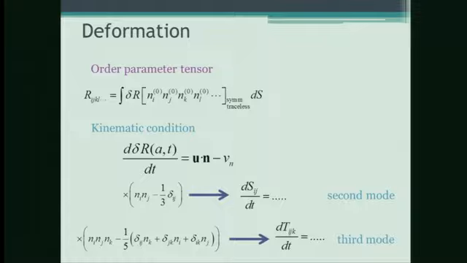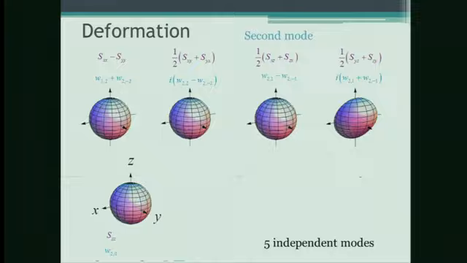For instance, we have a kinematic condition in a slightly different way, and multiply some traceless matrix using the normal vector, and then we come up with the equation of motion of the second mode, which is Sij. The same thing is possible for the third mode by multiplying a symmetric traceless third rank tensor, and we could get the equation of motion for the third mode.